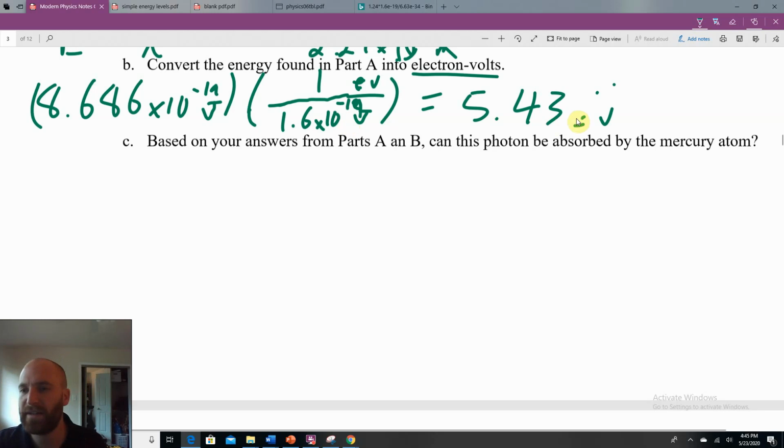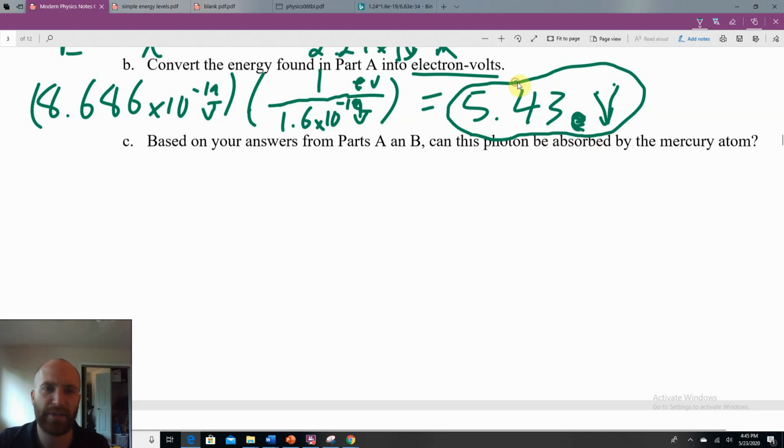Okay, which makes sense, because remember, the whole point of electron volts is to be an easier, more sensible unit to use for these tiny energies. And 5.43 is an easier to digest number than anything times 10 to the negative 19.